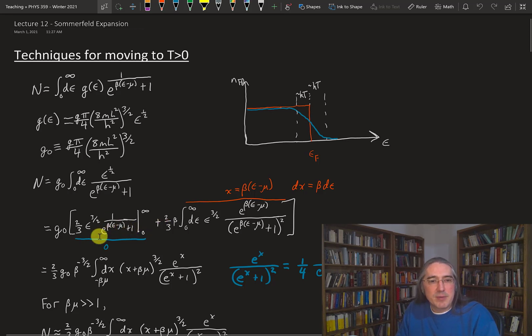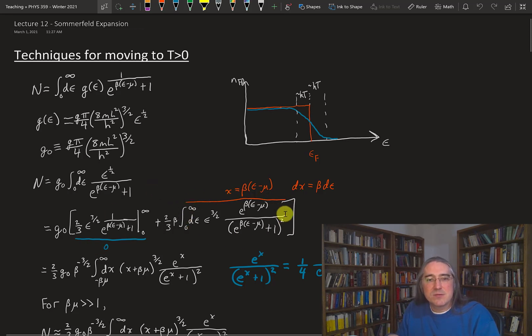So we're going to kick a beta out. We're going to get an e to the beta epsilon, right? So the derivative of the bottom is beta times the exponential again. Great. The beta comes out. And since this is 1 over this stuff, we're going to get a minus. Integration by parts gives you a minus sign, so the 2 minuses give you a plus over the denominator squared. Okay. So this goes away.